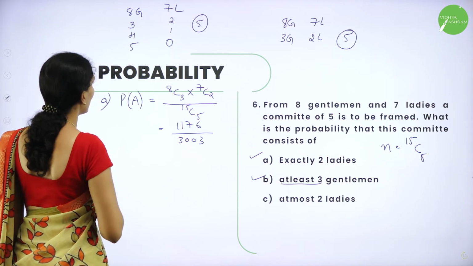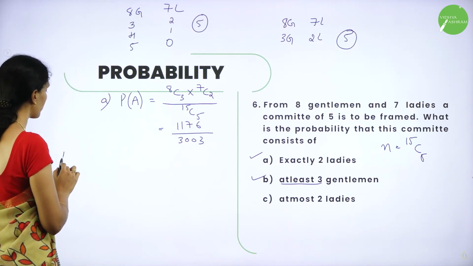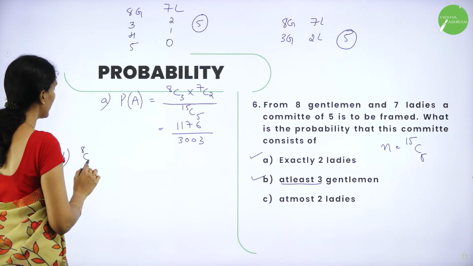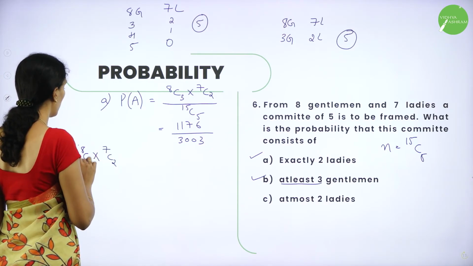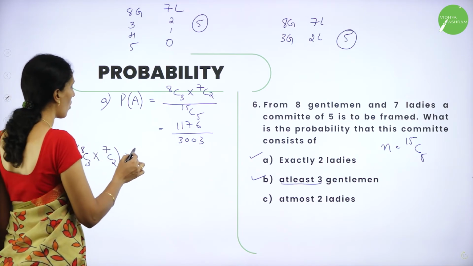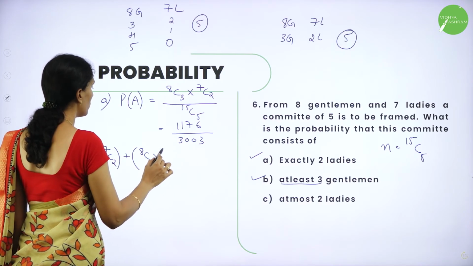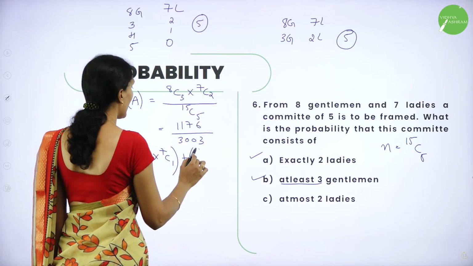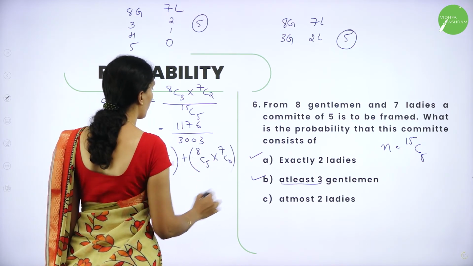So what happens here for my probability? I can write this as 8C3 into 7C2, or the selection may be 8C4 into 7C1, or 8C5 into 7C0.